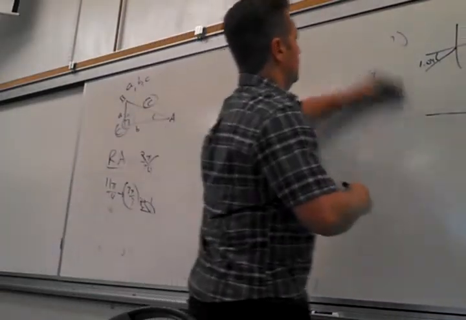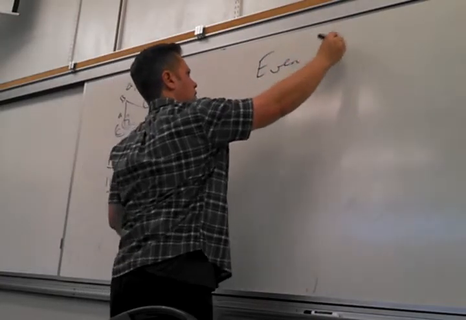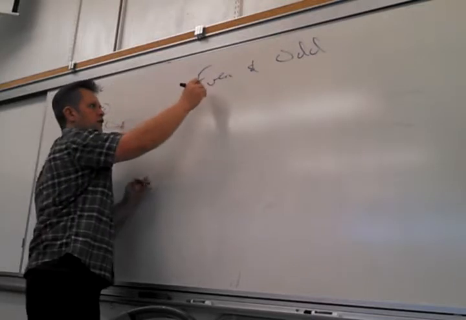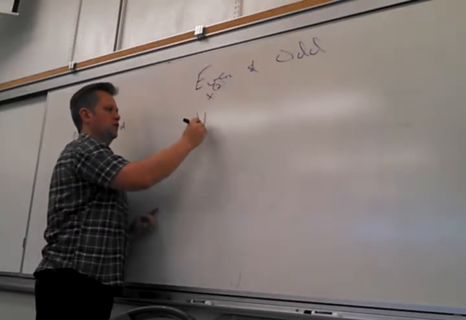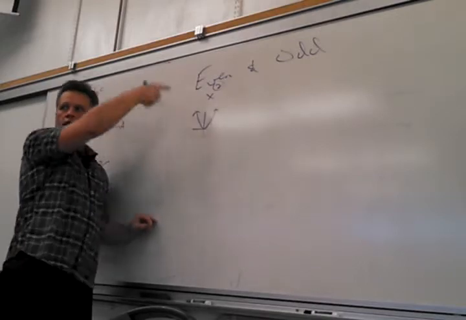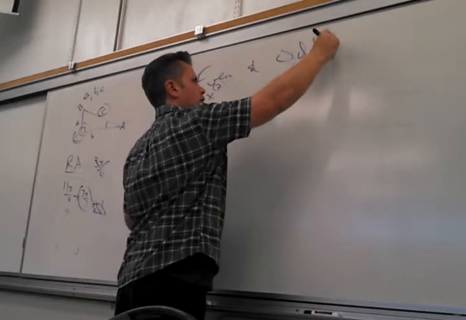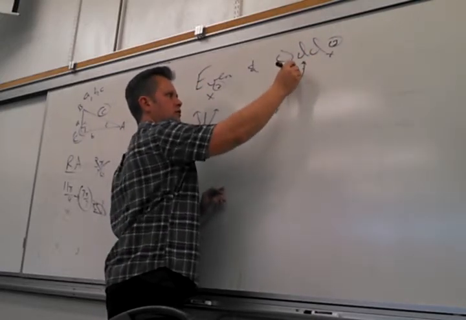Who remembers the idea of even and odd symmetry? Beautiful. So even is like x squared, which makes sense. It's an even power, so it's going to be something that's symmetric around the y-axis, right? Odd is going to be like x cubed. Again, odd power. It's going to be something that's actually symmetric through the origin.